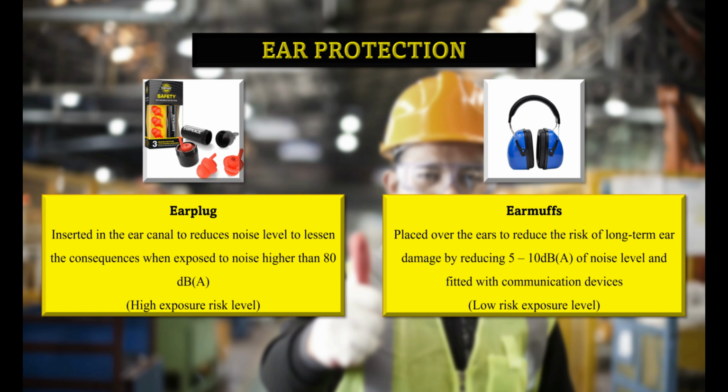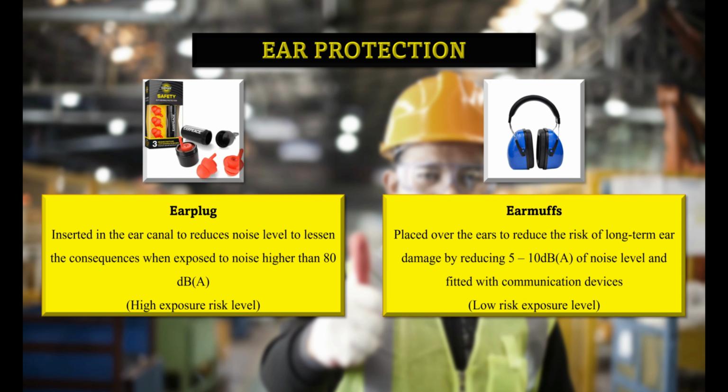Ear protection. Earplugs are inserted in the ear canal to reduce the noise level to lessen the consequences when exposed to noise higher than 80 decibels. The risk exposure level of the wearer is still considered to be high because earplugs must not fully close the ear canal, to allow for better communication among workers in the construction site.